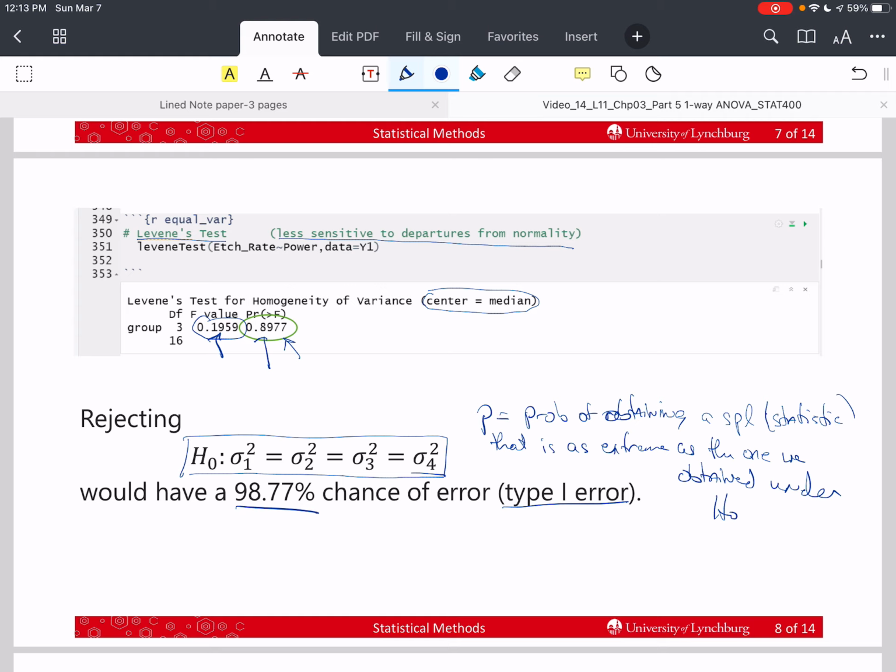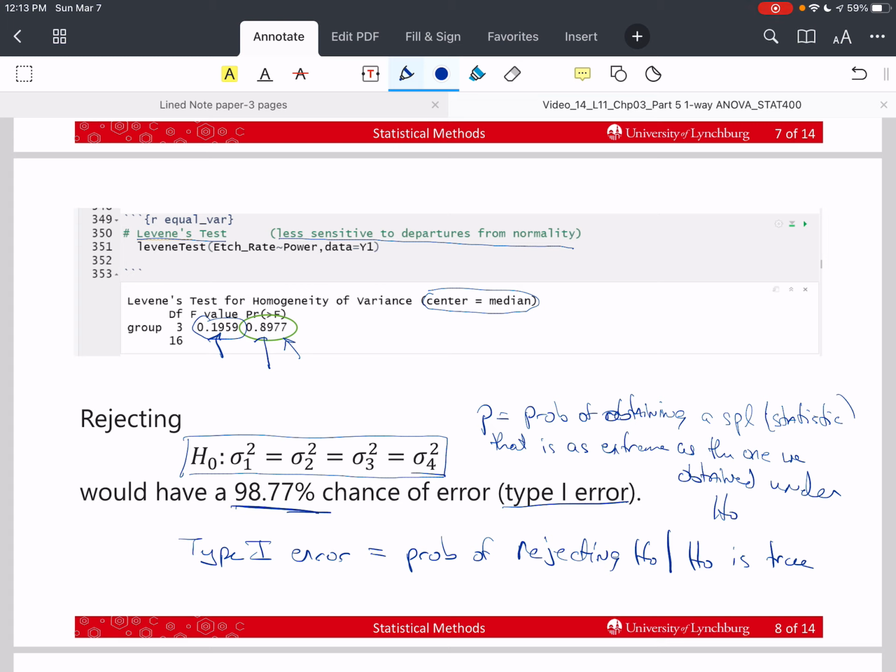The type 1 error would be rejecting H naught. Remember, type 1 error equals the probability of rejecting H naught given H naught is true. So if we rejected H naught, we would have a 98.77% chance of making an error in this case.